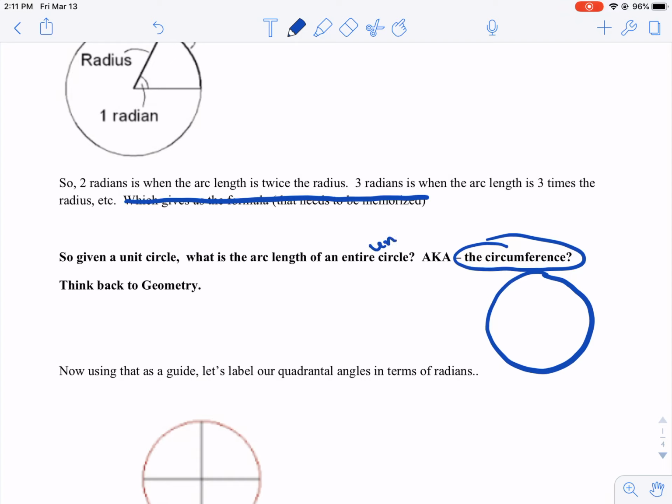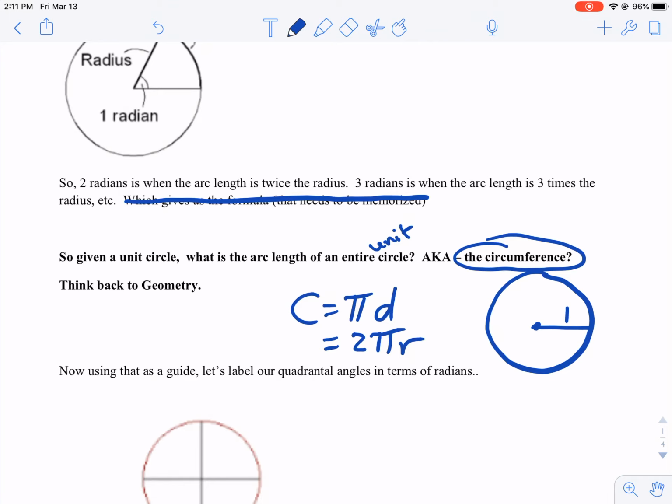Okay, so let's do unit circle. And we know from geometry that circumference is equal to pi times the diameter, or 2 times pi times r, which is the radius. Well, the radius of a unit circle is 1.